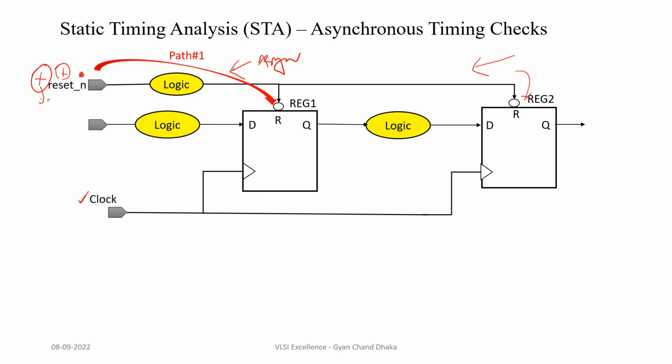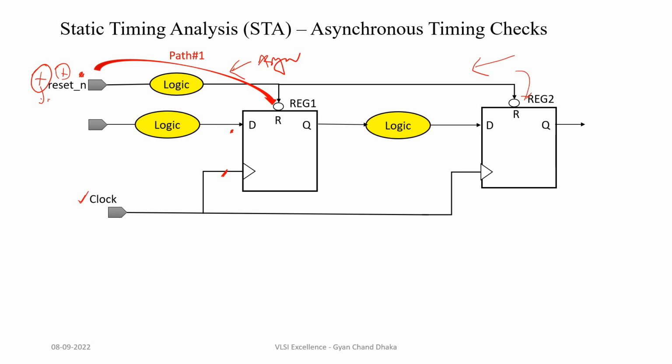So similar to synchronous timing checks, which are setup and hold, we discussed previously that the setup timing constraint is nothing but the data at the D pin should be stable for some time before the active clock edge.